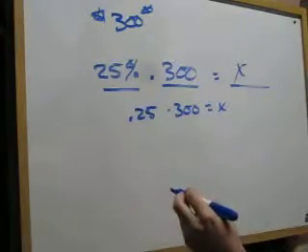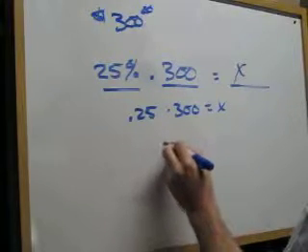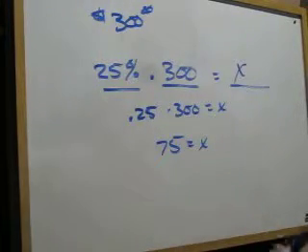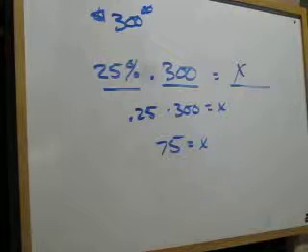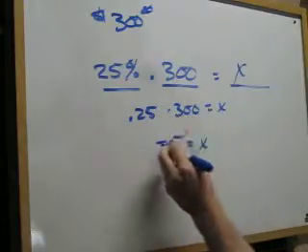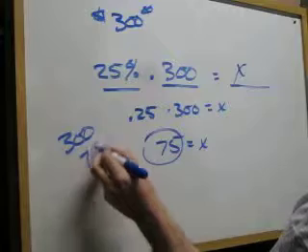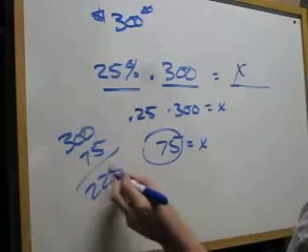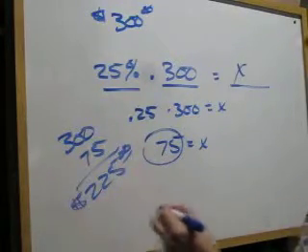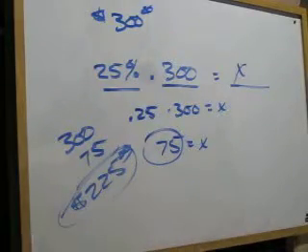And 25% times 300 is going to be 75. So the question says, what is the discount? Well, the discount's $75. And then it says, what is the sale price? Well, the price is $300, and we're getting $75 off, so the sale price is $225. So those are your two answers that you're looking for, the discount and the sale price. So don't forget to read the instructions. Make sure that you're giving them everything they need there.